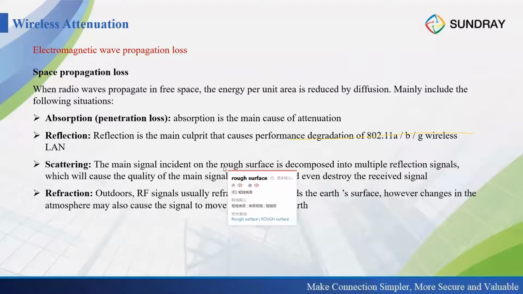And then there is refraction. Refraction is when the signal goes from one medium to another, for example from air to water. The direction also changes. It is another way for the signal's direction to be changed. We call it refraction.